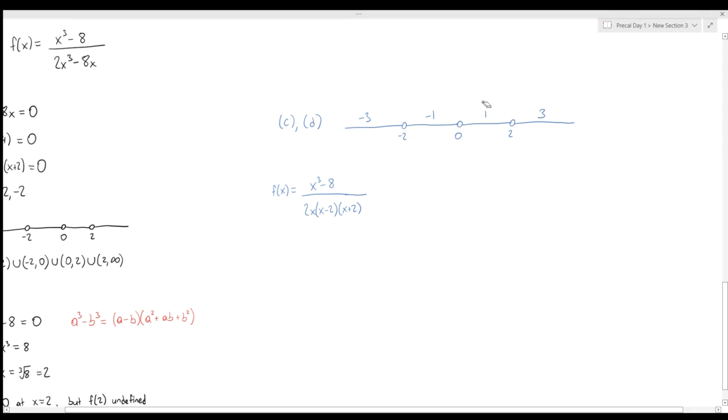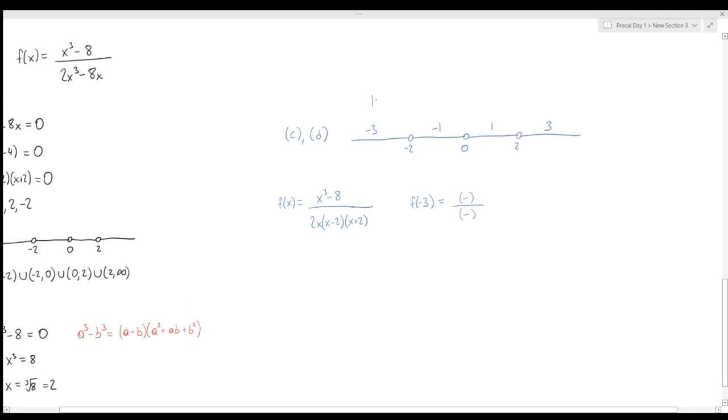So we'll plug the test points in. Let's start with -3. Okay. So we plug in -3 for x. Negative minus 8 is negative altogether in the numerator. In the denominator, we'll have negative times a negative times a negative when x is -3.